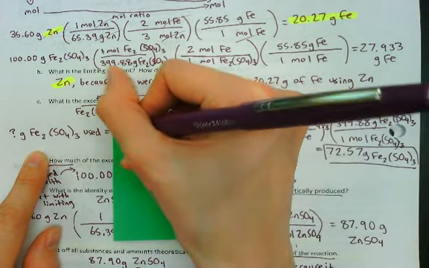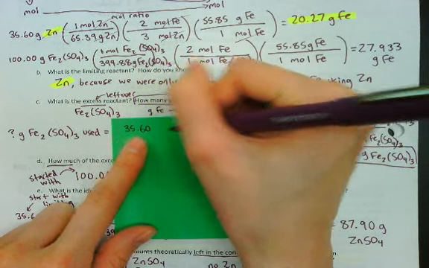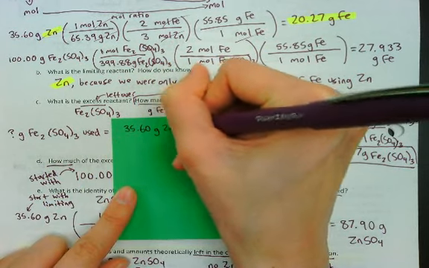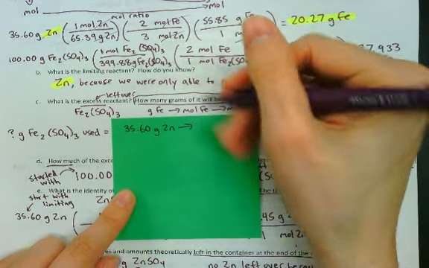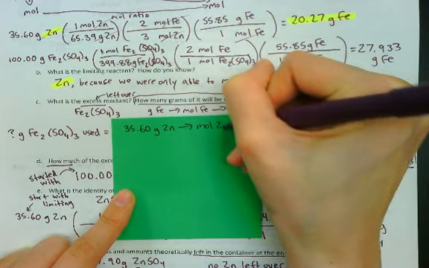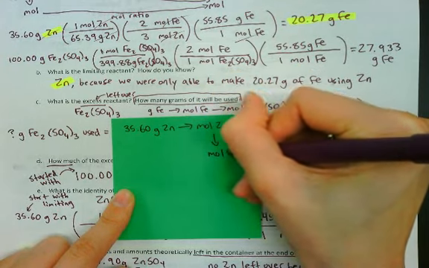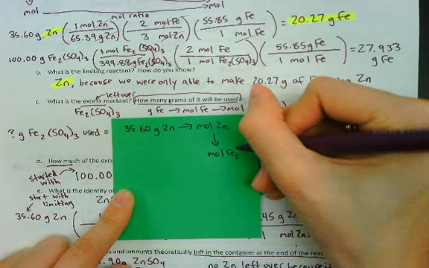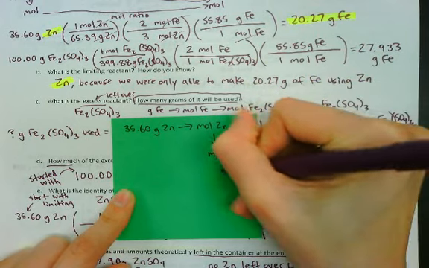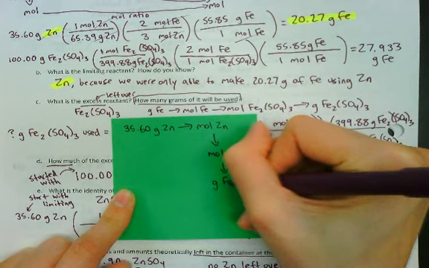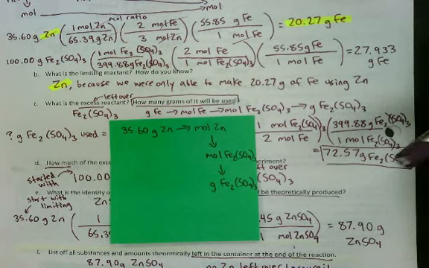So to find out the amount used over here, you can do 35.60 grams of zinc, and then you can convert to your moles of zinc, and then you can convert to your moles of your iron 3 sulfate, and then you can convert to your grams of iron 3 sulfate. Okay.